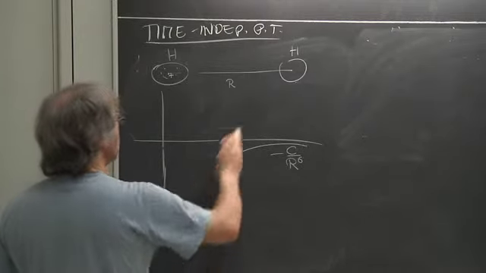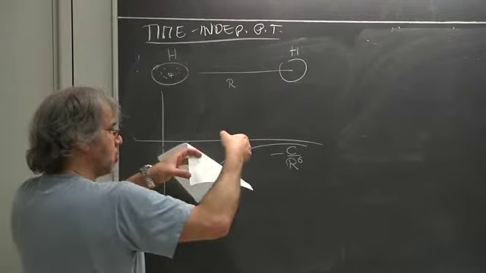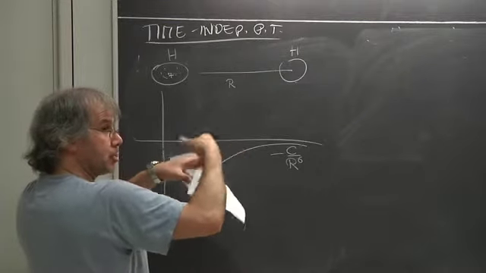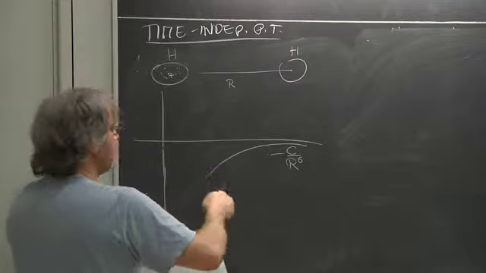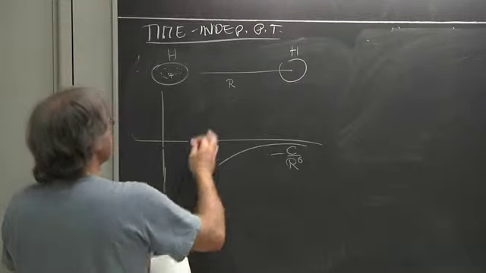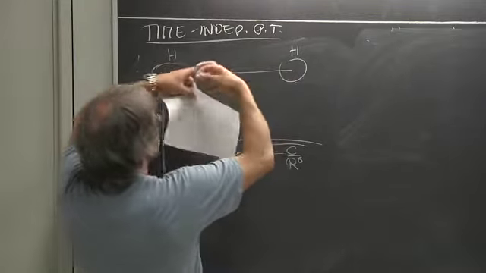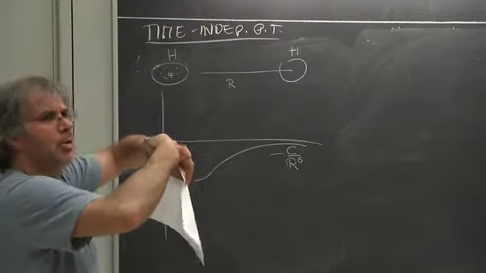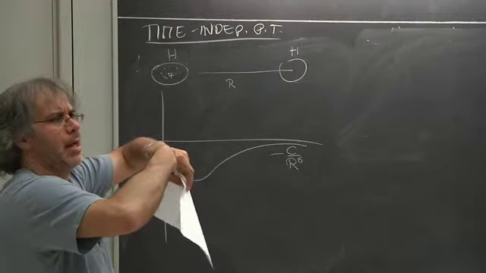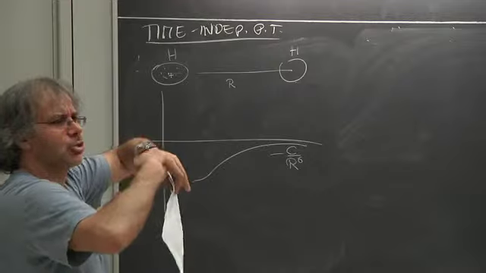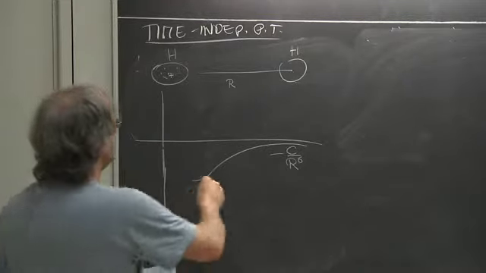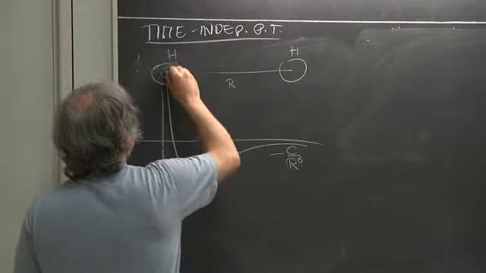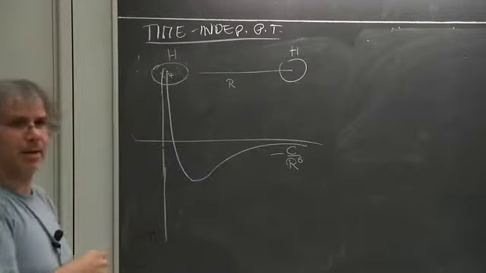On the contrary, when these two atoms come closer and closer, other terms will be more and more important, until if you really try to squeeze one atom on top of the other, the nuclei would repel like hell. The two electrons also would come close to each other, would repel like hell. So really, here, there is a strong repulsion, okay?